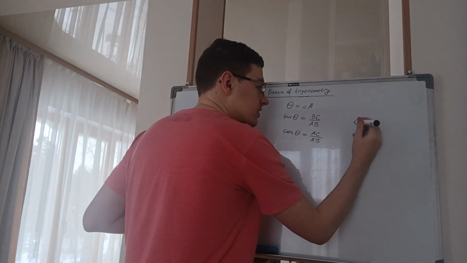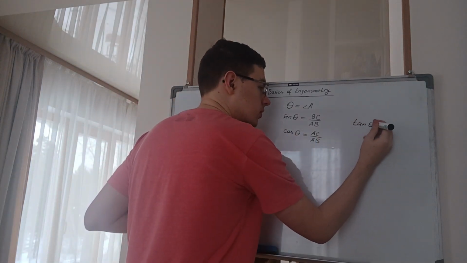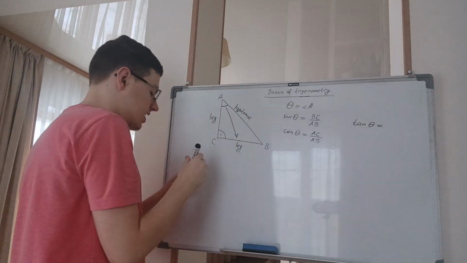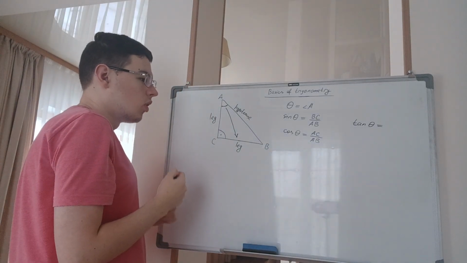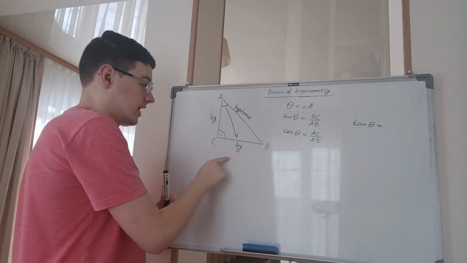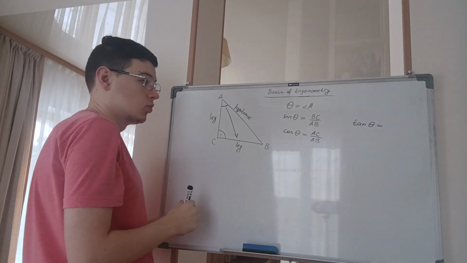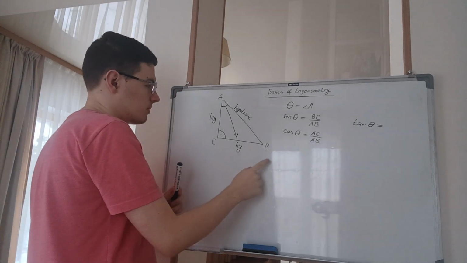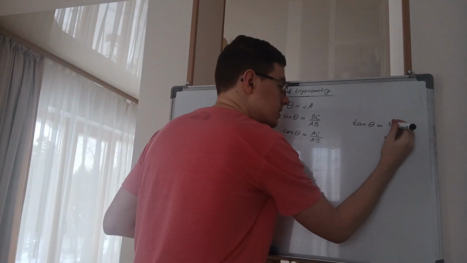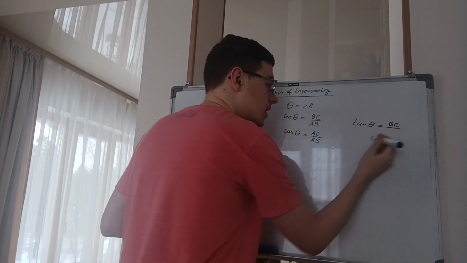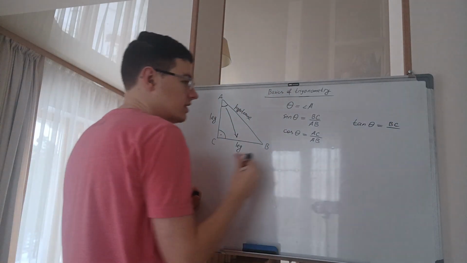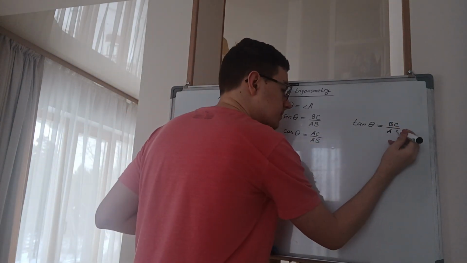Okay, next, tangent of theta. It's the ratio of the opposite line to the adjacent one. The opposite leg here is BC for the angle A, and the adjacent line is AC.